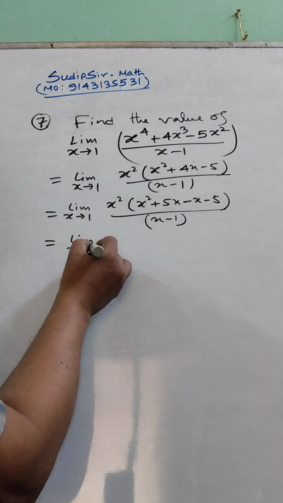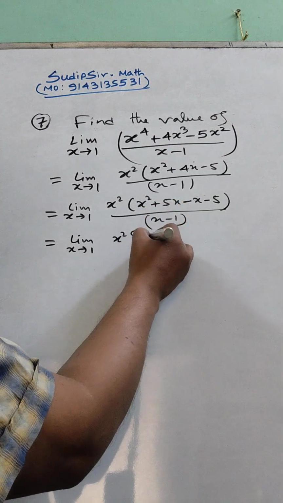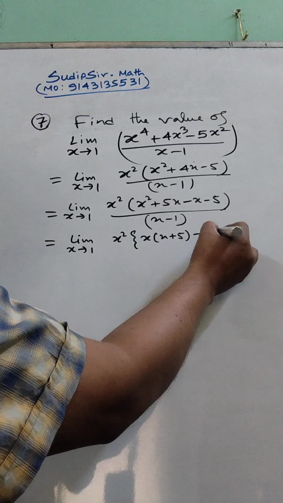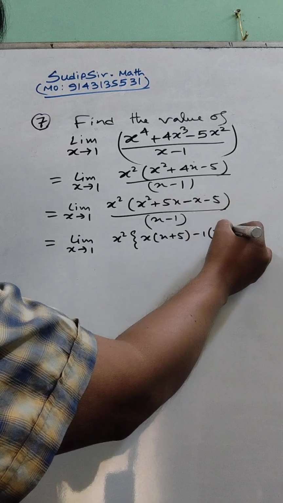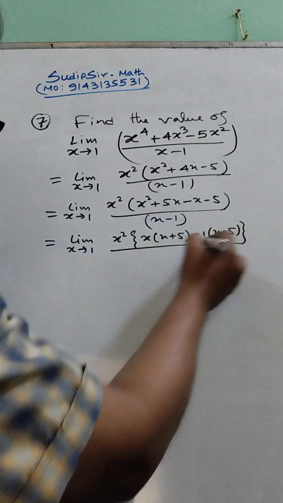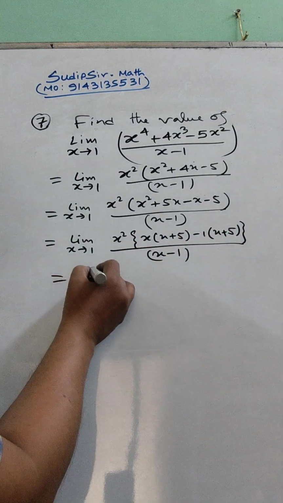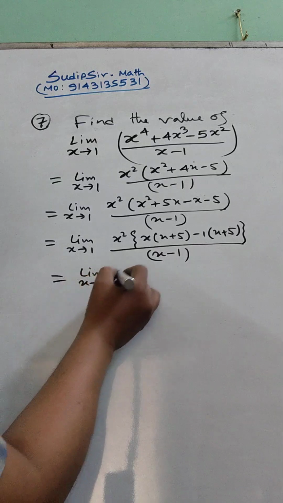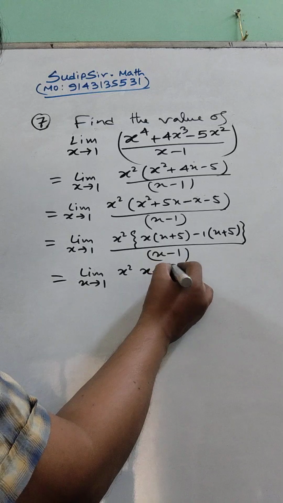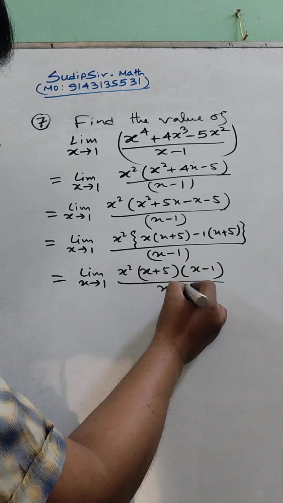Take common x plus 5, and this is minus 1 times x plus 5. So limit x tends to 1, x square, common x plus 5 into x minus 1, by x minus 1.